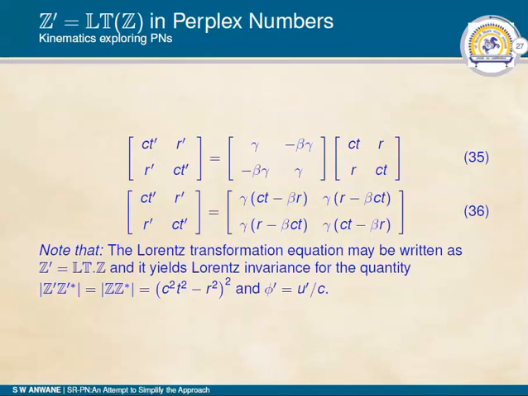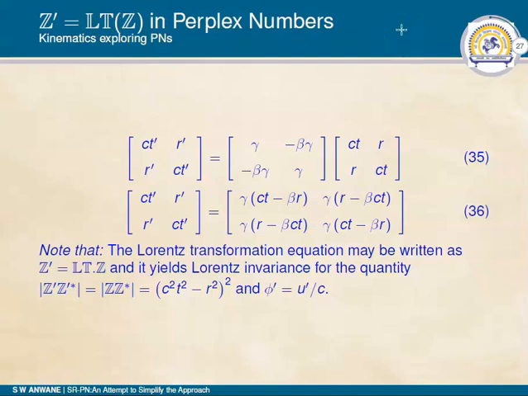For the observer in frame S dash, we have the same event being represented by Z star, which is the Lorentz transformation of Z. So you have to operate multiplication of two matrices which are 2 by 2 in nature.